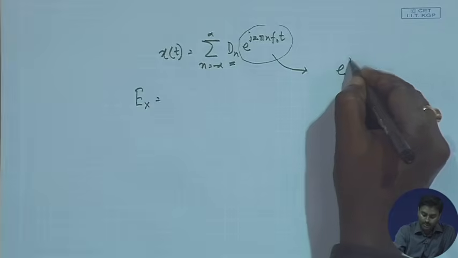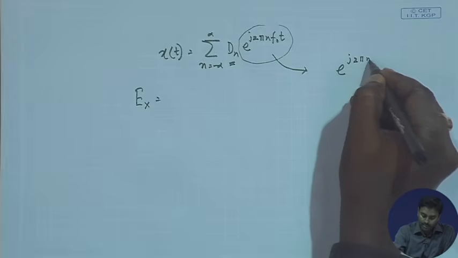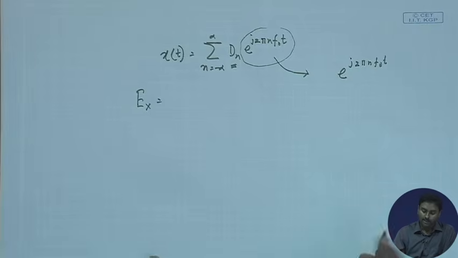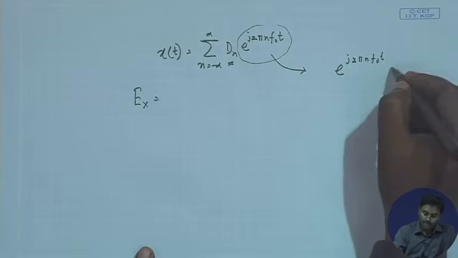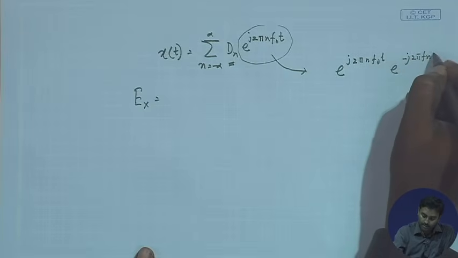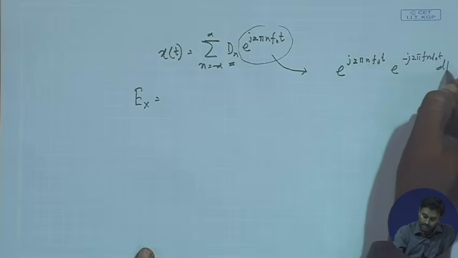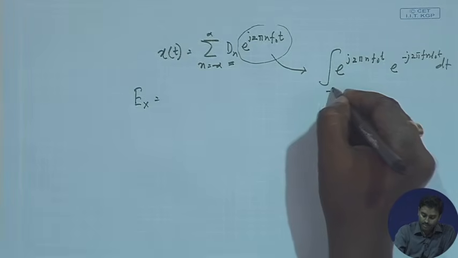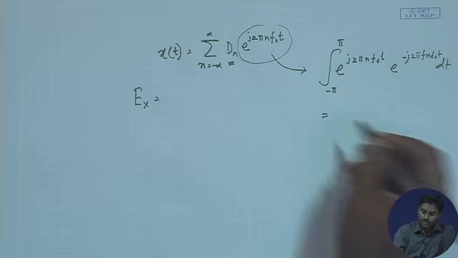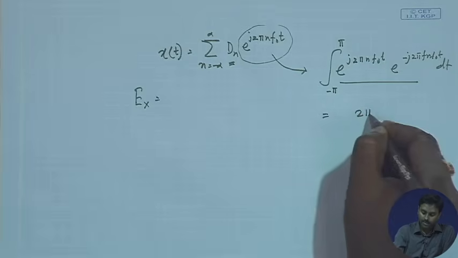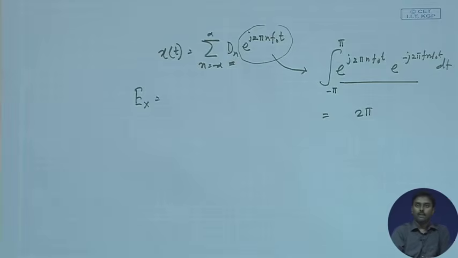If I take e to the power j 2 pi n f0 t and wish to evaluate its energy, I have to multiply by its complex conjugate and integrate over a period, let us say minus pi to pi. This gives me 2 pi.